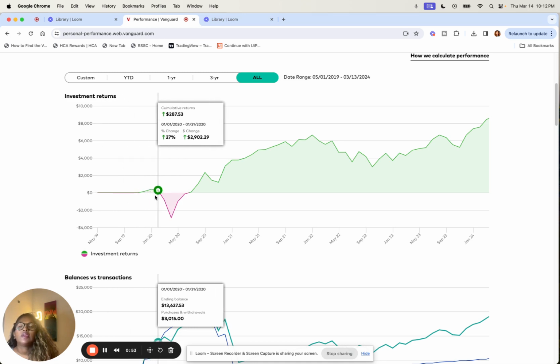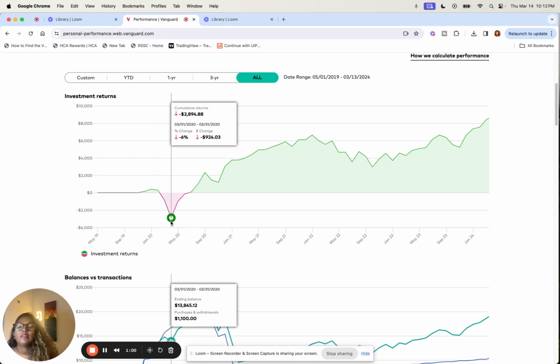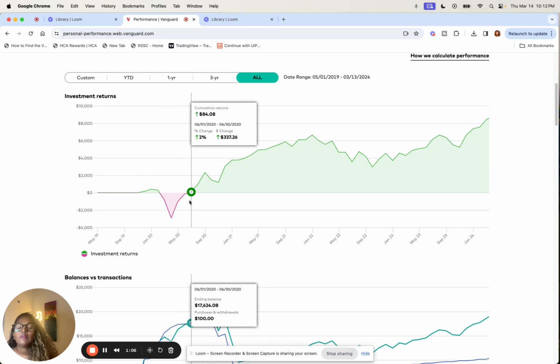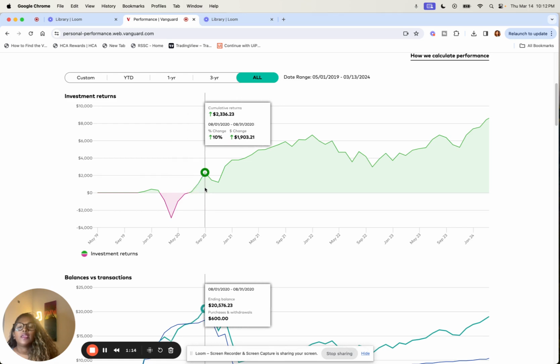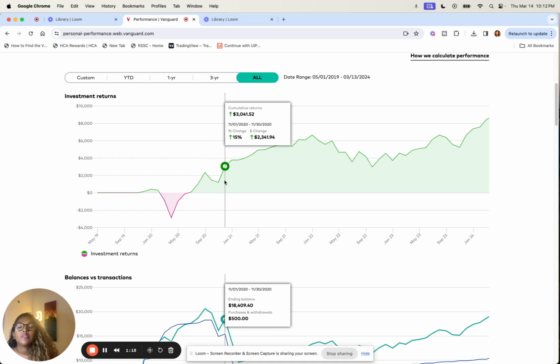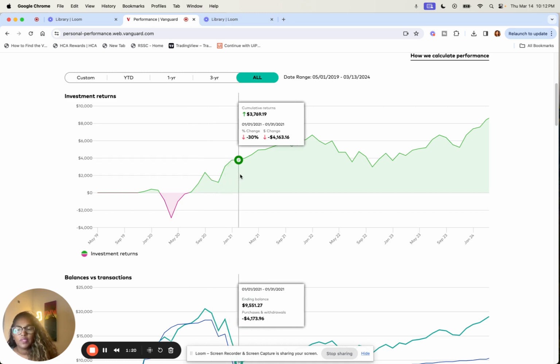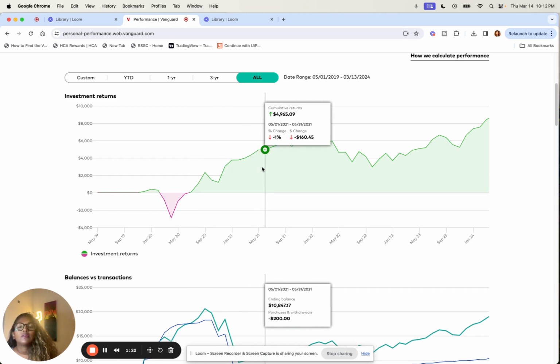We can see that it was up here and then there was a big dip back in 2020. That was when the pandemic was here and everything kind of went down. Then it started slowly rising here in May of 2020. As you can see, it shows little dips, just like the stock market when a stock is starting to go up.